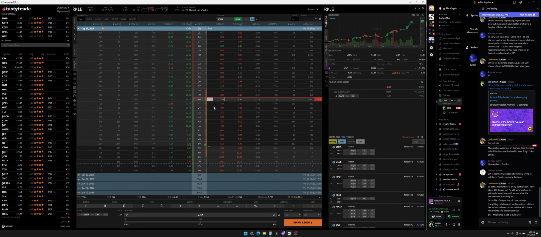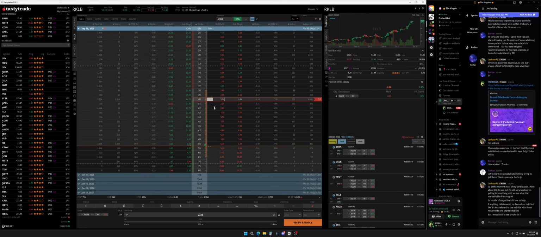You could close this for more than $5 because the extrinsic value of the $55 call is going to be higher than the extrinsic value of the $65 short. Now, if it keeps going way up, if it's like 75, then the extrinsic value of this long starts to decay. But it's a way for you to go long. You're long, at worst case scenario, $10, and you're spending $4.30 to get that.